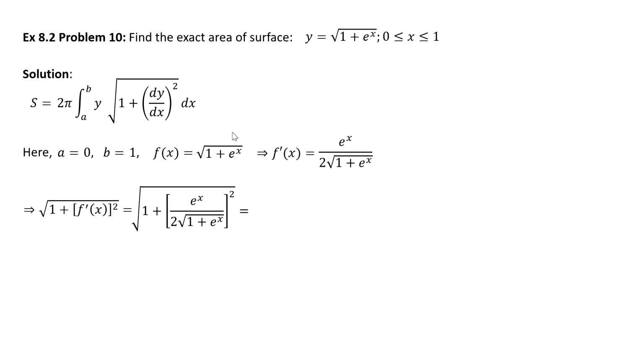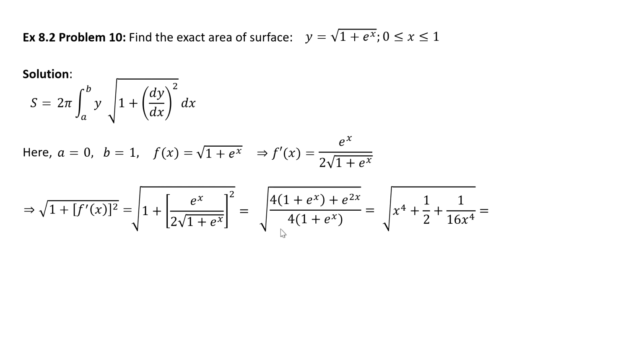What is this going to be? Well, the top is going to be e to the 2x when we square this, and the bottom is going to be 4 times 1 plus e to the x. And when we add that to 1, on the top we'll have 4 times 1 plus e to the x plus e to the 2x.